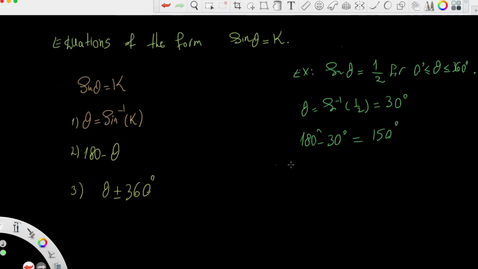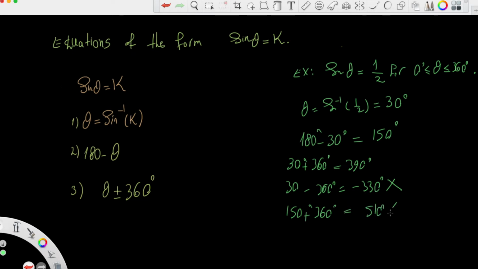Then 360 is added and subtracted. So 30 plus 360 is equal to 390. Then 30 minus 360, which is negative 330, doesn't satisfy because it is not between 0 and 360. Then 150 plus 360, which is 510, doesn't satisfy.